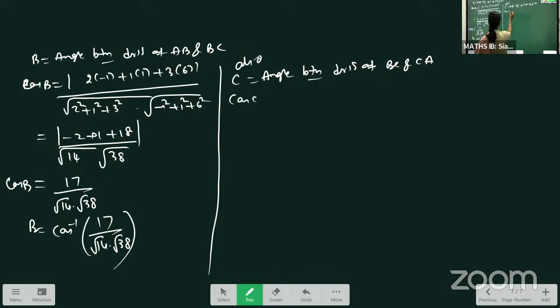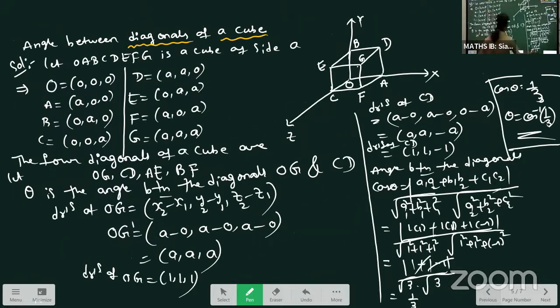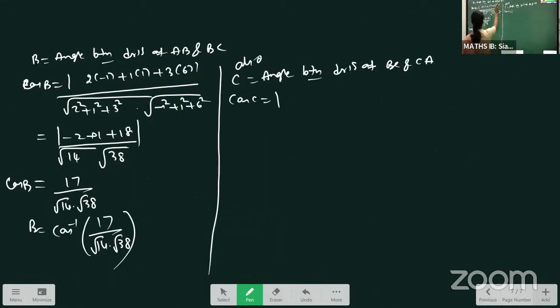Cos C is equal to modulus of... so here you can write once again, directly BC and CA. This is angle C.